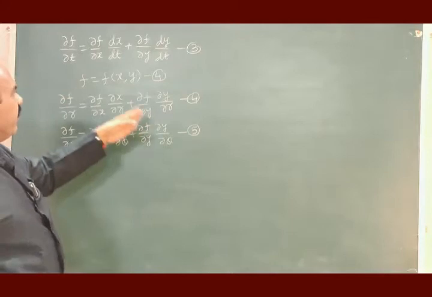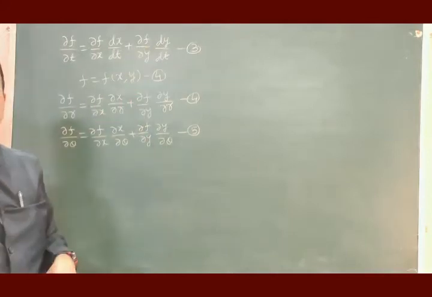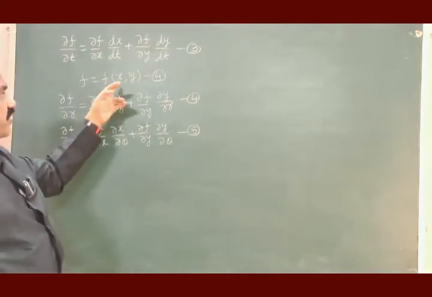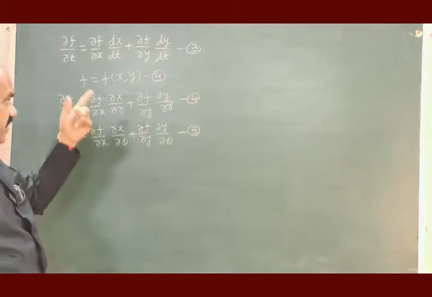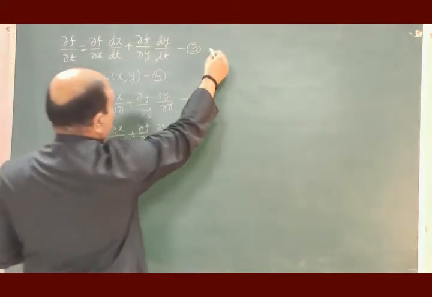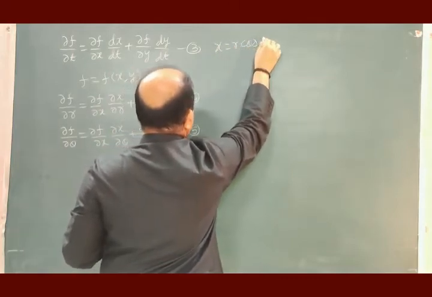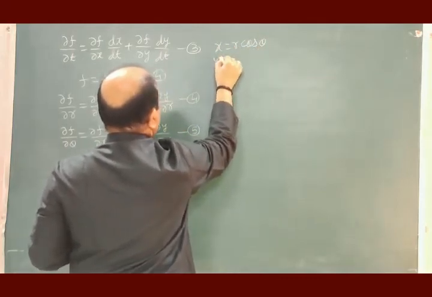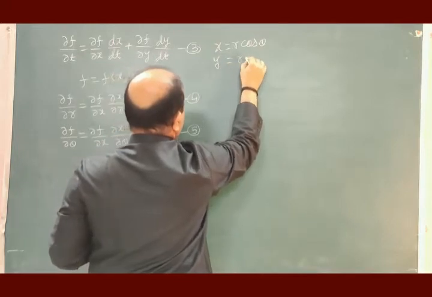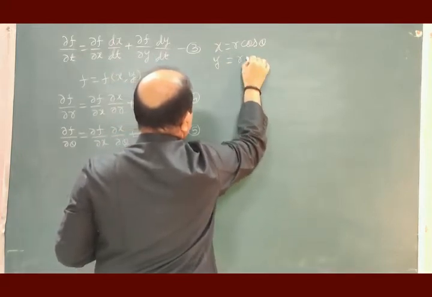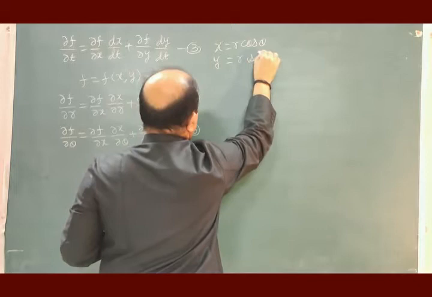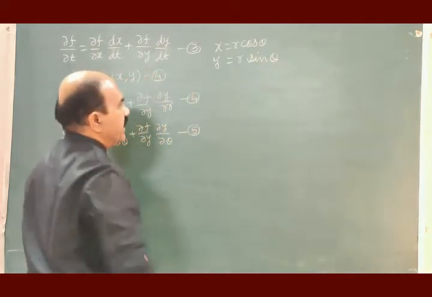Equations 4 and 5 are just similar to equation 3, where f is equal to f of x y, x is equal to r cos theta, y is equal to r sin theta.